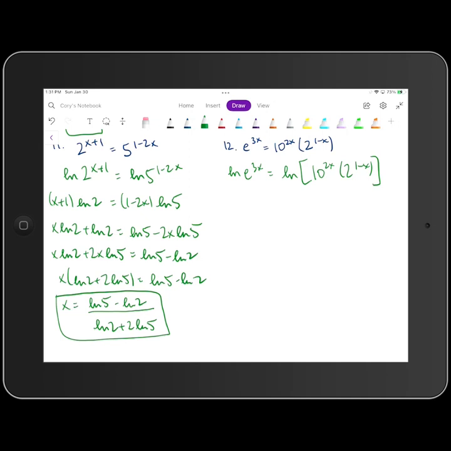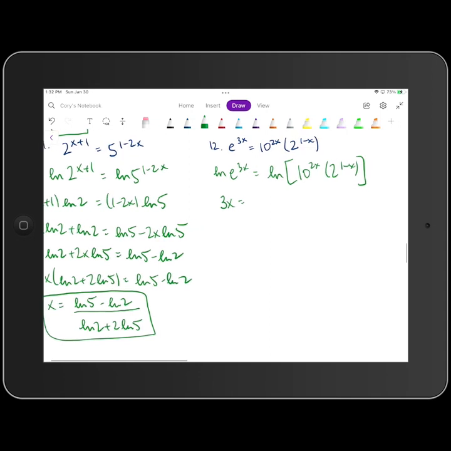When I take the natural log of the left-hand side, that's going to wind up simplifying to 3x. And then I'm taking the natural log of a product on the right-hand side. So I can separate that into the natural log of the first factor, which I'm going to take 2x and pull out front as a factor, plus the natural log of 2 raised to the 1 minus x power.